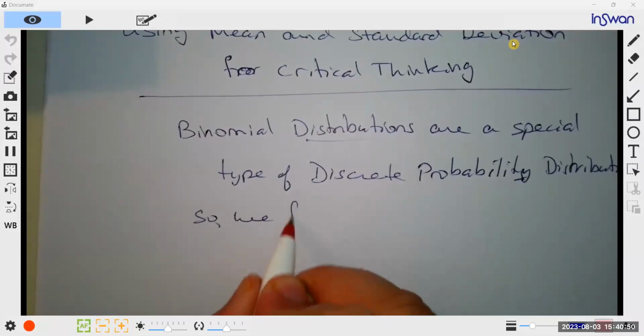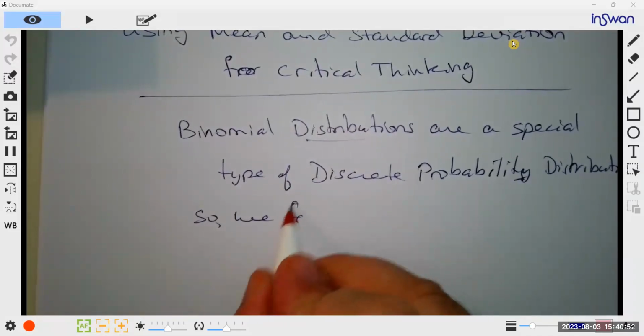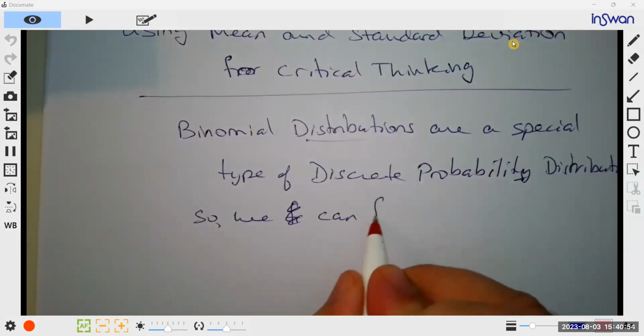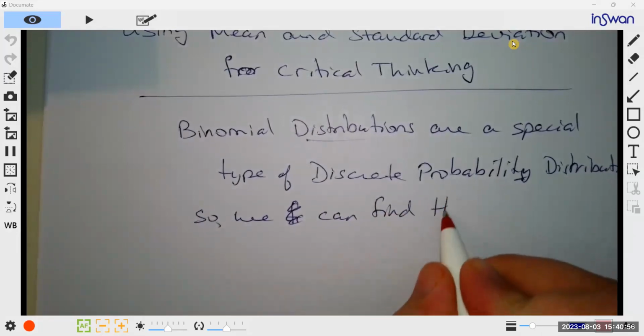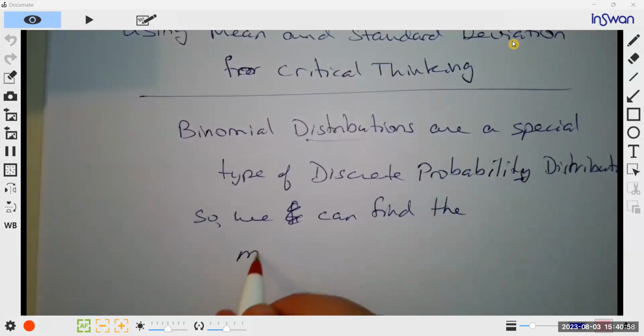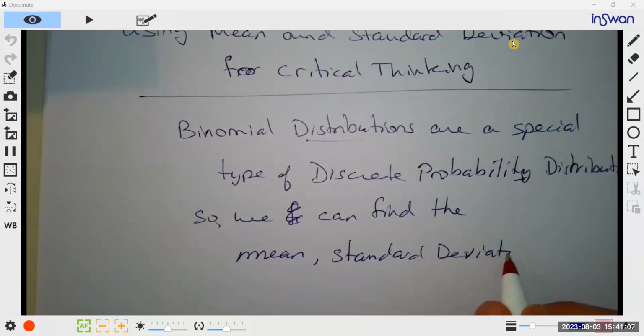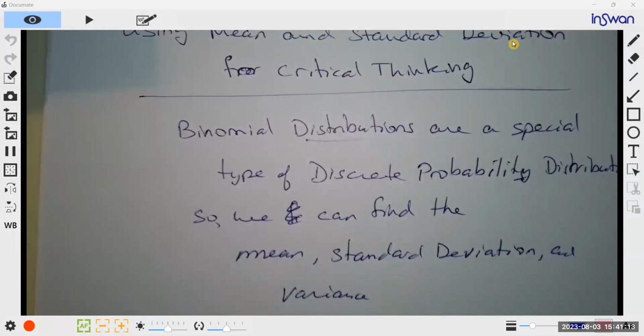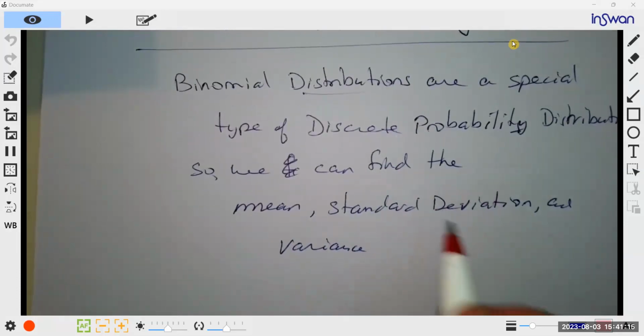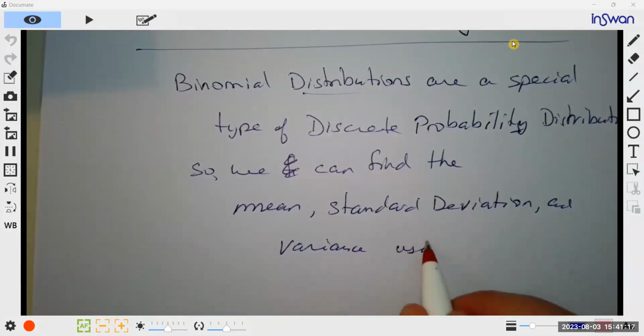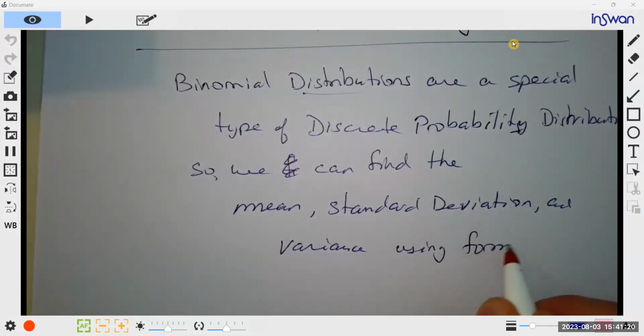So we can find the mean, standard deviation, and variance using formulas.